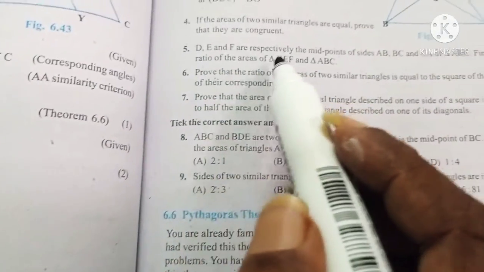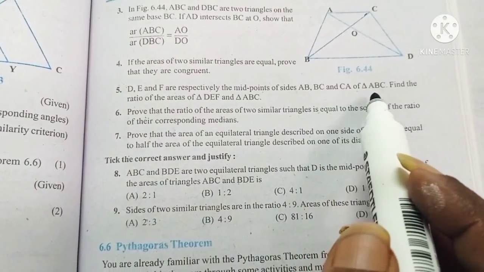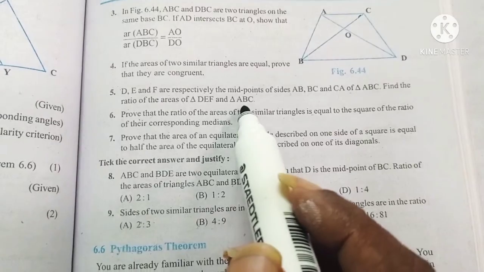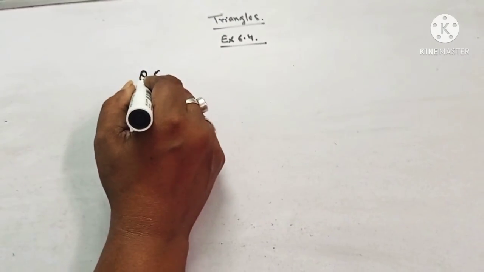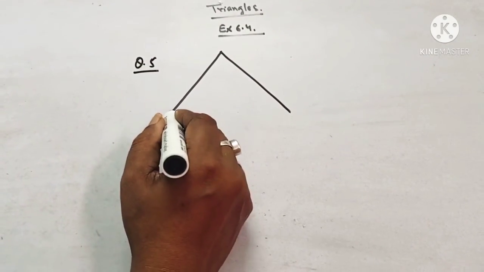Now question number 5. D, E, F are respectively the midpoints of sides AB, BC, CA of triangle ABC. Find the ratio of the area of triangle DEF and ABC. So here, it is better that you solve this question in this way.